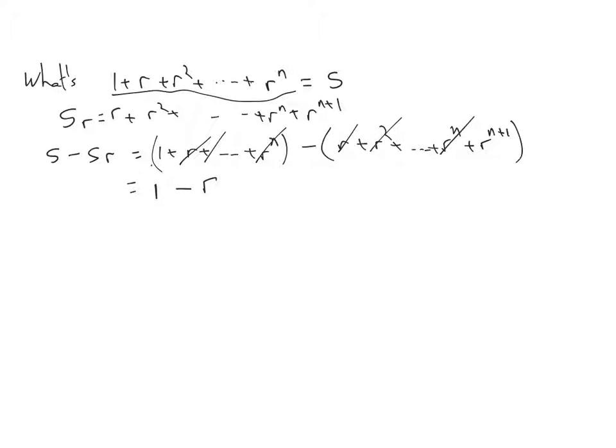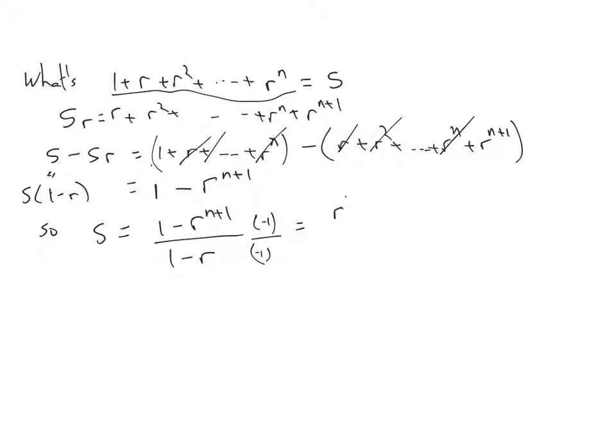So the only thing we have left is this. And then on this side we can factor out the S. So S can easily be seen to be 1 minus r to the n plus 1 over 1 minus r. And if we multiply the top and bottom by minus 1, we get the formula I stated without proof last time in class.